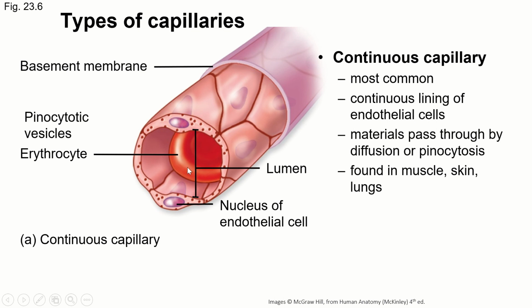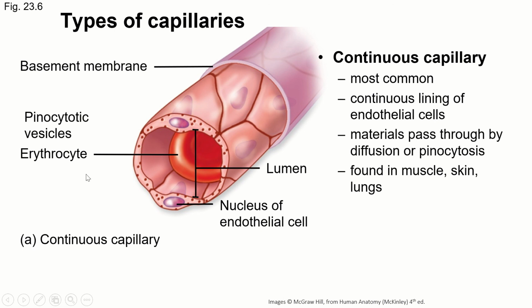Some materials pass through by diffusion, some by pinocytosis. You remember that's the movement of fluid into a cell by vesicle. And so that's what all these little things are. These are vesicles doing pinocytosis.